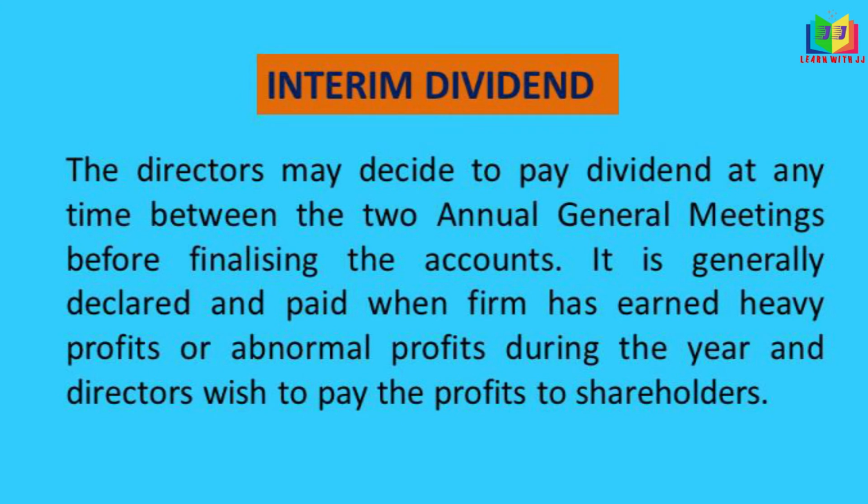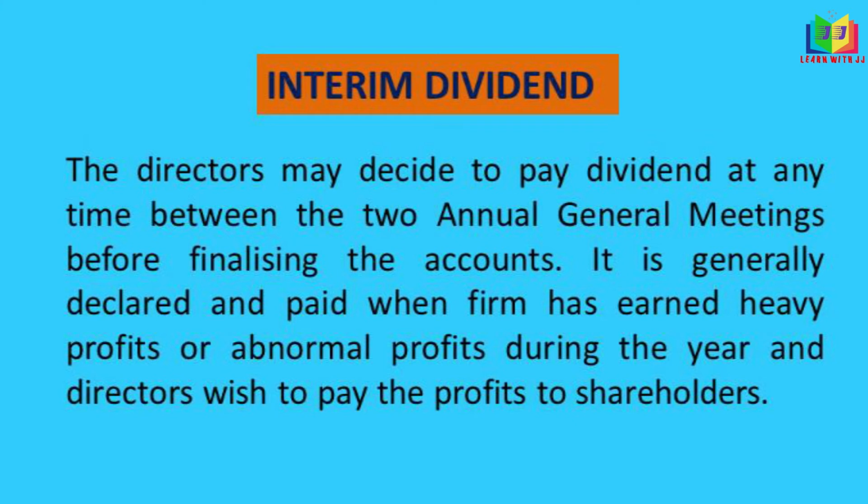Now we'll see the interim dividend. For this interim dividend, the directors will decide to pay it at any time between two annual general meetings, before finalizing the accounts. In between two annual general meetings, this kind of dividend will be paid, so it is termed as interim dividend.